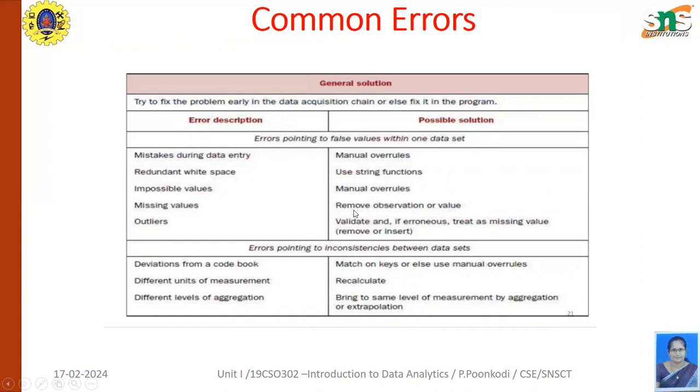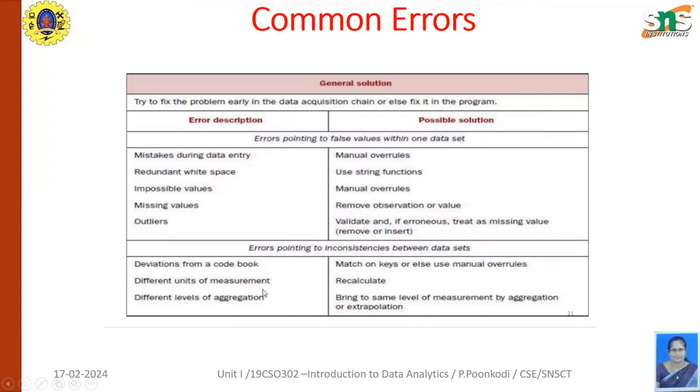For missing values, we remove the observation or value. For outliers, validate, and if erroneous, treat as a missing value. Remove it and insert it. For inconsistency of data, deviation from the code book, match on key, that is male, female. So match the key and overrule it.